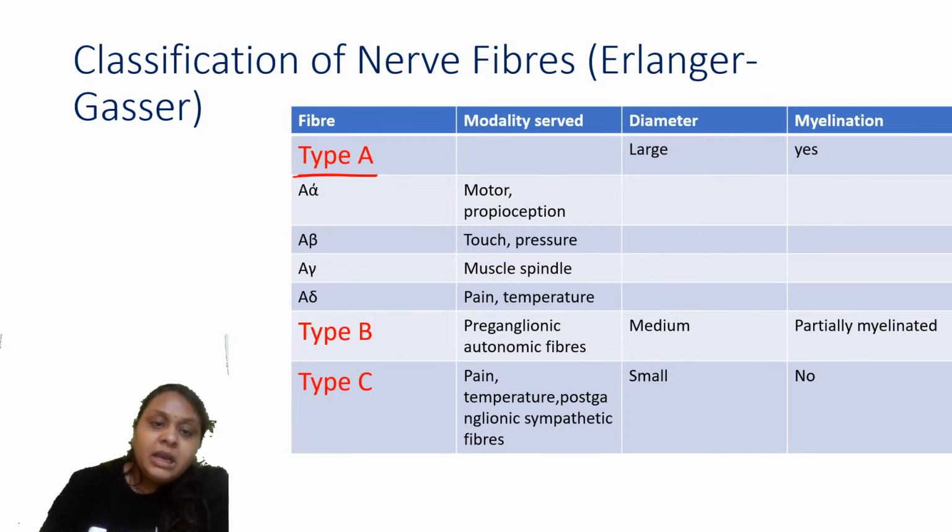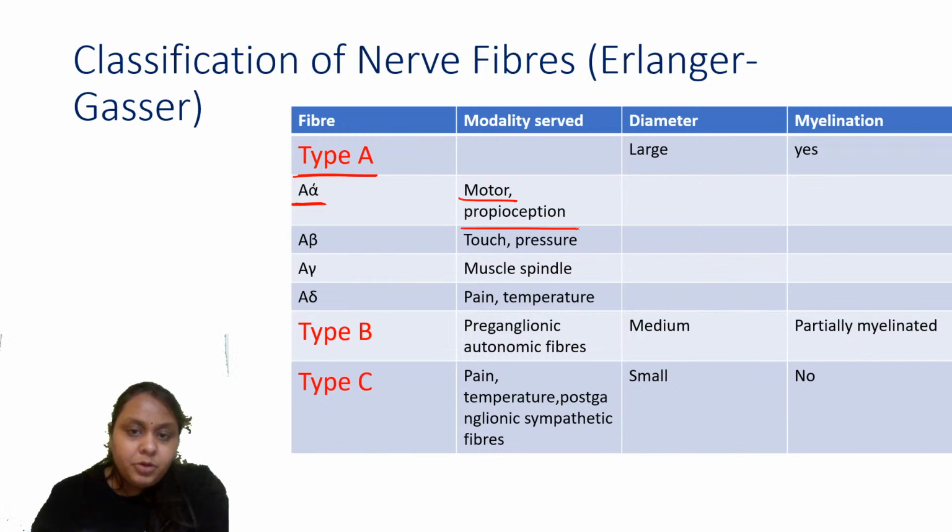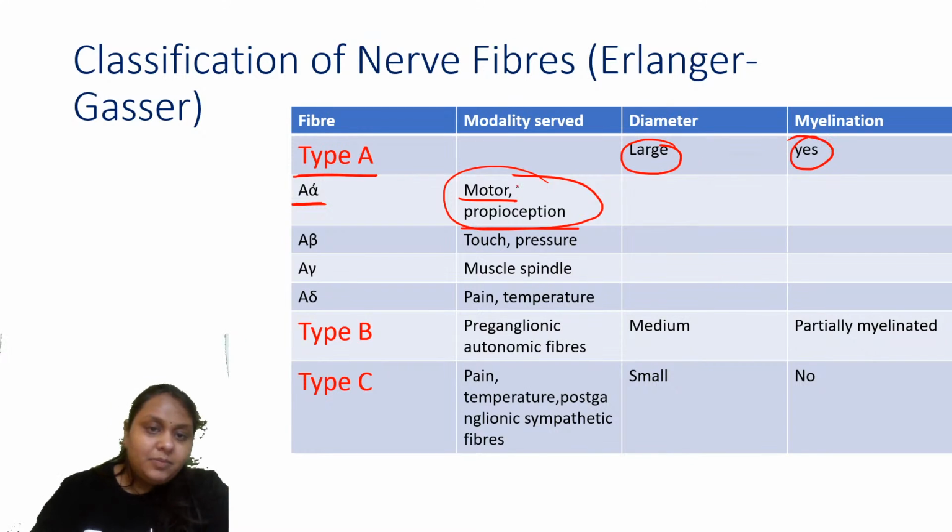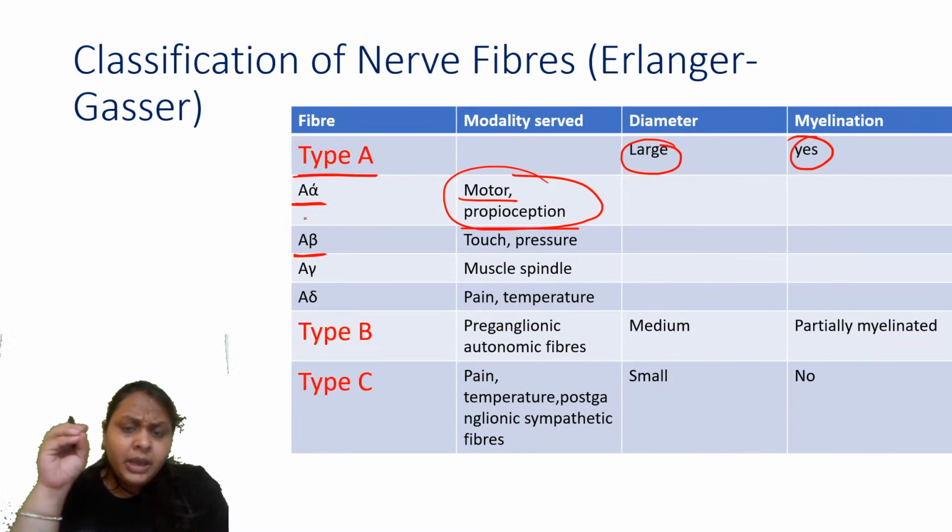OK, so type A fibers: A alpha fibers carry motor and proprioception. These are large myelinated fibers. A beta is touch and pressure.